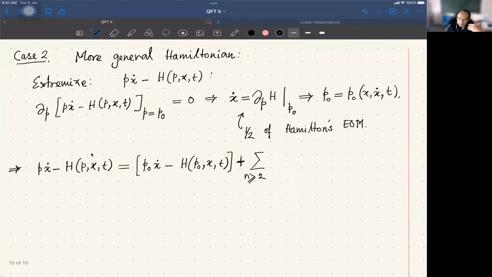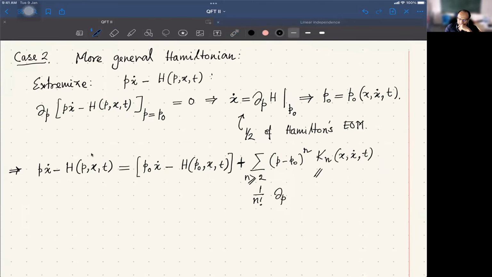There is no n equal to 1 term. (p minus p0) to the power n, kn(x dot, t), where kn(x dot, t) is given by 1 over factorial n, del^n by del p^n of p x dot minus h(p, x, t) at p equals p0. That's what it is.